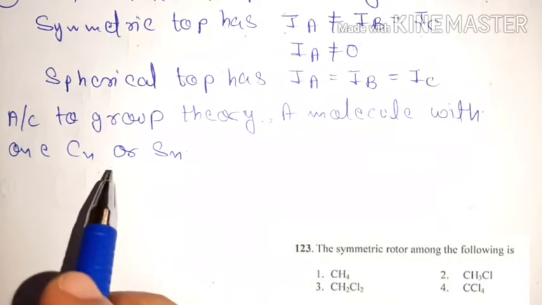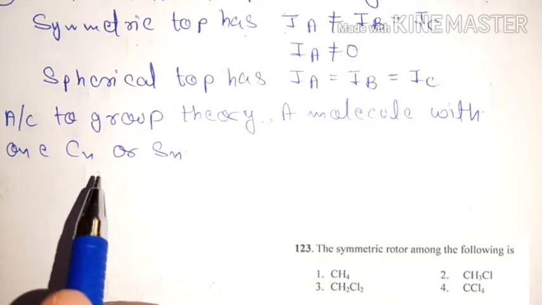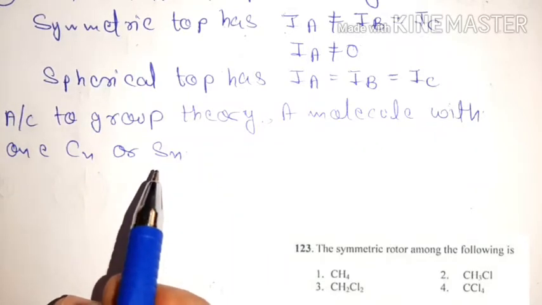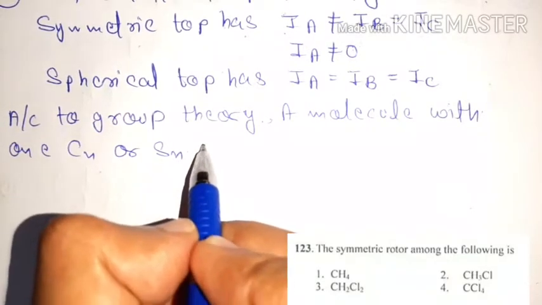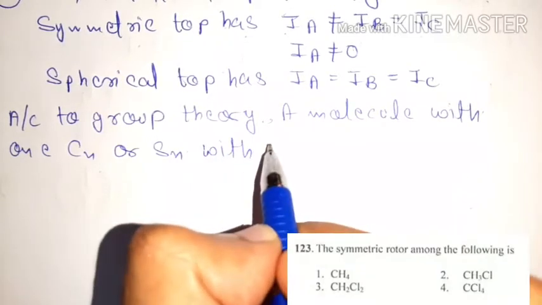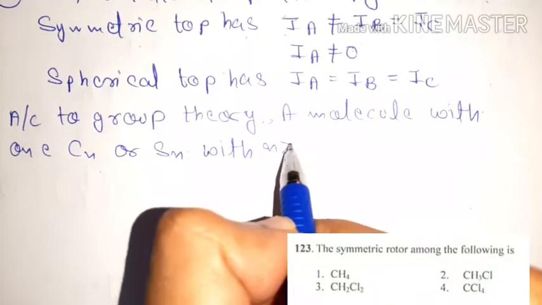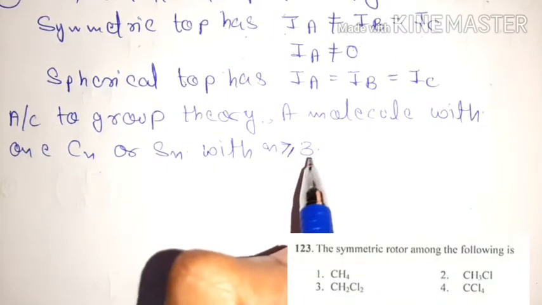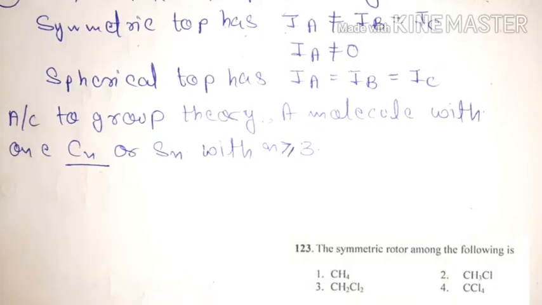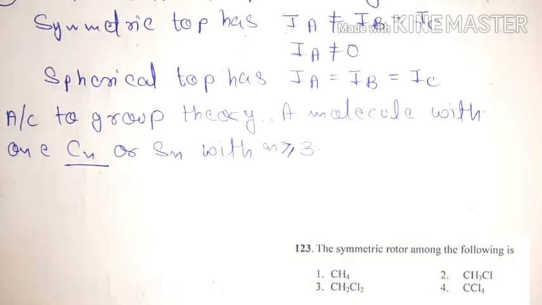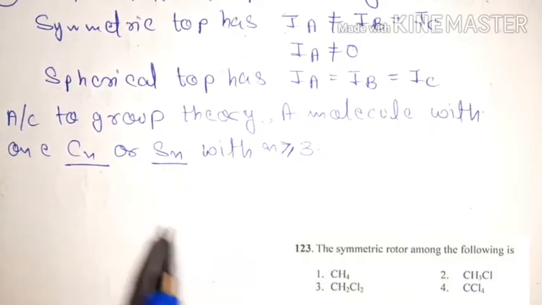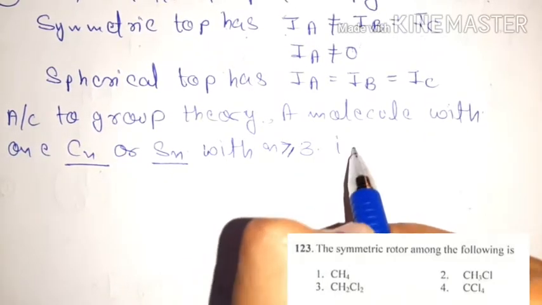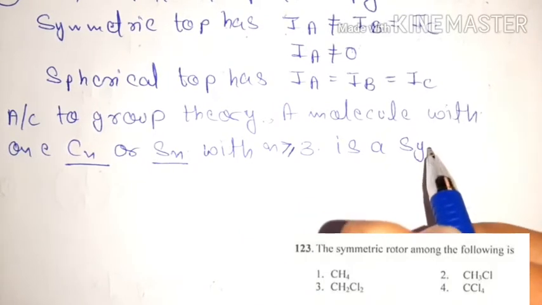The Cn is called the axis of symmetry or axis of rotation, and this Sn is the improper axis of symmetry. Understand? And here the condition is n is greater than or equal to 3. When n is equal to 3 or greater than 3 and the molecule has Cn, that is an axis of symmetry, or an improper axis of rotation Sn, then it will be considered a symmetric top molecule.